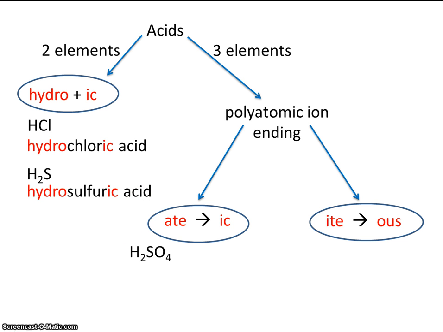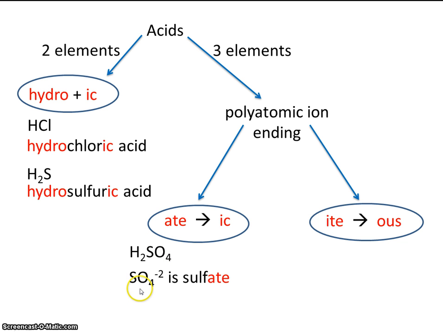Now let's look at an acid containing 3 elements. We have the element hydrogen, the element sulfur, and the element oxygen. So now we're dealing with acids that have 3 elements. We have to look at the polyatomic ion ending. You should recognize SO4 as sulfate.